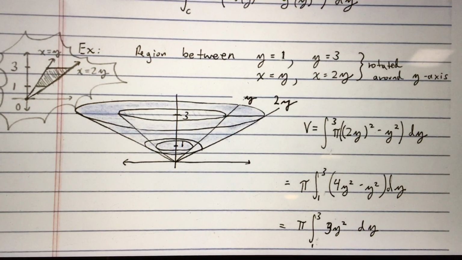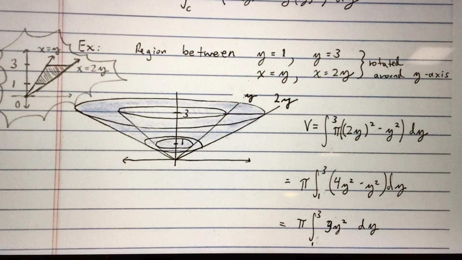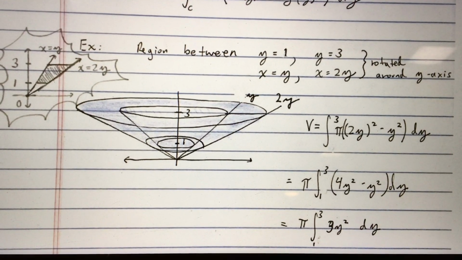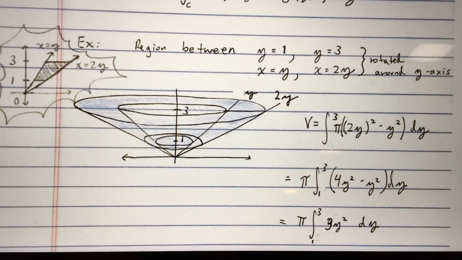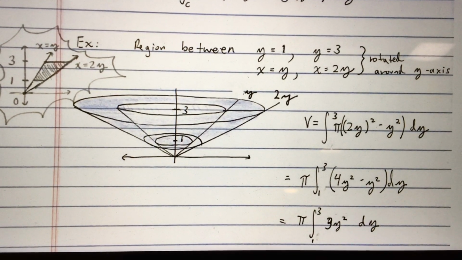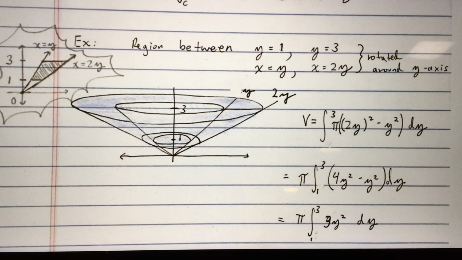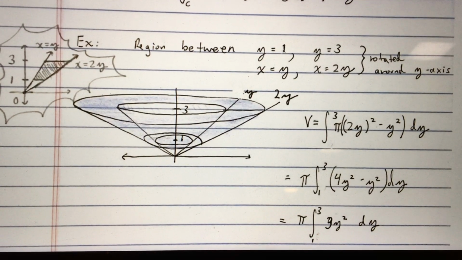Since it's a washer, it will be the integral. Oh, there's a missing 1, it didn't photograph well there, but in the second integral you can see it. Integral from 1 to 3, since those are the low point and the high point. Pi times 2y squared, that's the furthest to the right, the bigger radius, minus the y squared.